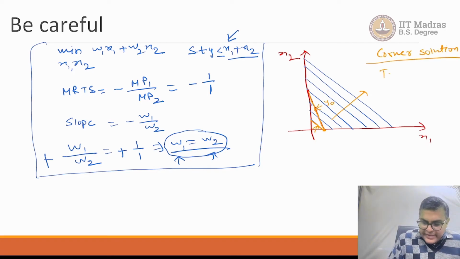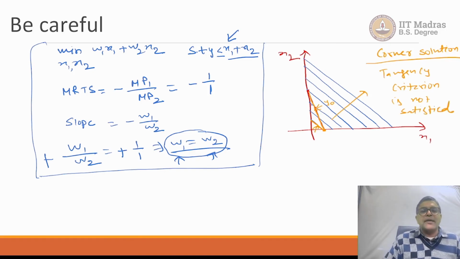And we can say the tangency criteria is not satisfied, and that's why we get into trouble. Of course, there are pure mathematical ways to deal with such problems, but here a mix of graphical and calculus based technique helps us greatly.